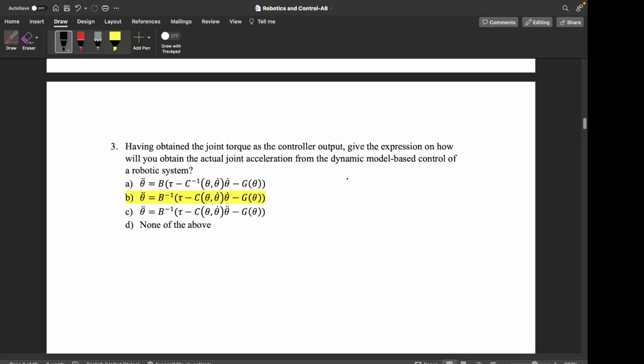One is inverse dynamics and one is forward dynamics, right?